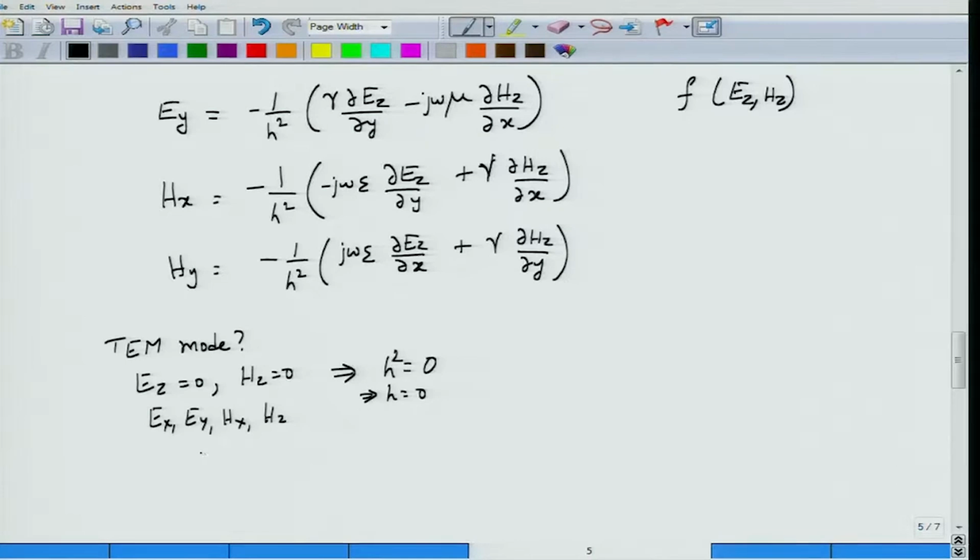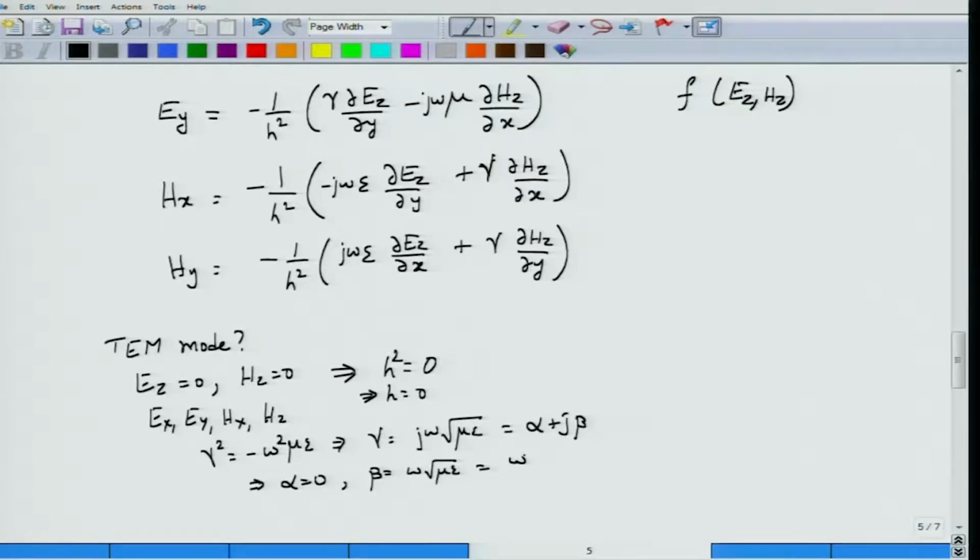Now h equal to 0 means gamma square must be equal to minus omega square mu epsilon, which also means that gamma must be equal to j omega square root mu epsilon. We know that this is alpha plus j beta. This simply implies that alpha is equal to 0, beta is equal to omega square root mu epsilon, or omega by v. Okay, so we have seen this condition for a TEM mode.